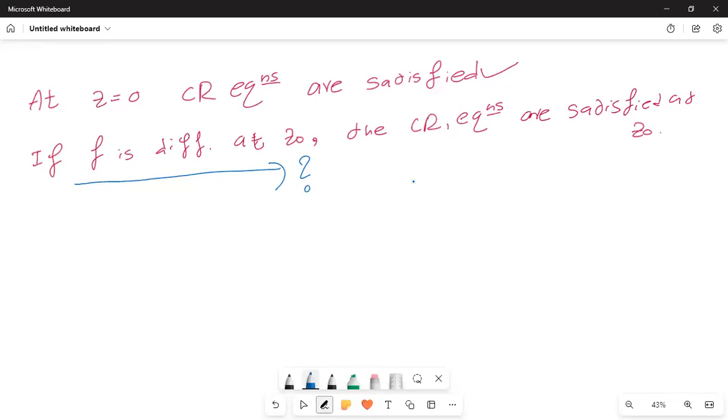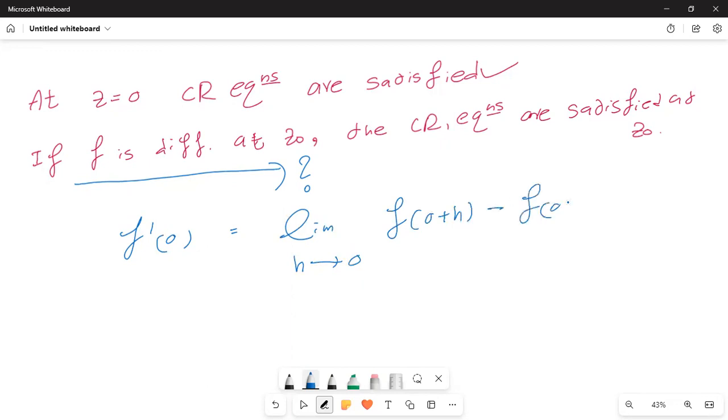Actually, no. In fact, this example is a counterexample for the converse of this theorem. So shall we evaluate the derivative at 0 by the definition? It's just the limit as h goes to 0 of f(0 plus h) minus f(0) over h.